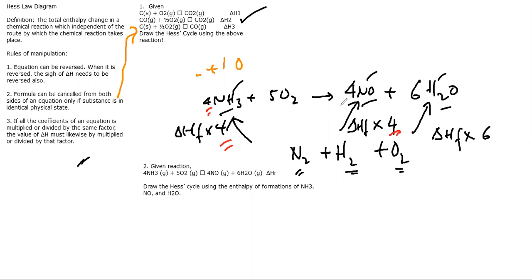I also have 4 because I have 4 molecules of nitrogen monoxide, and then I have 6 water, so I also multiply by 6. So that's how you draw the enthalpy profile diagram for Hess law.